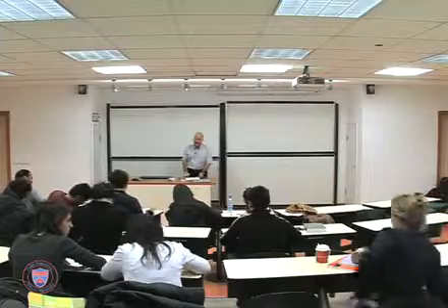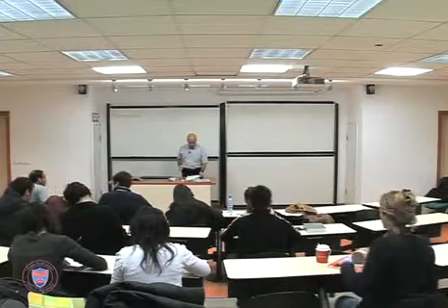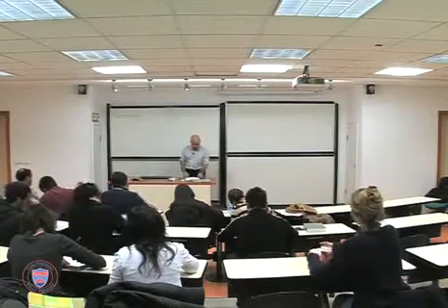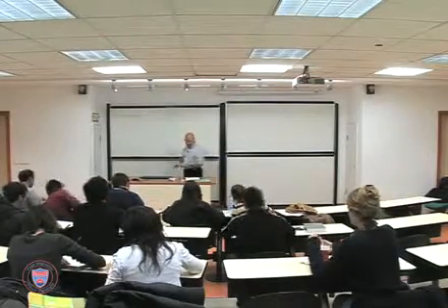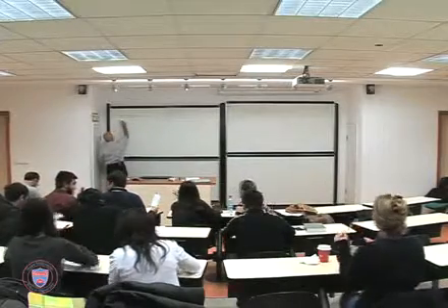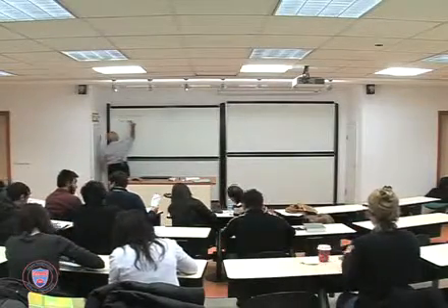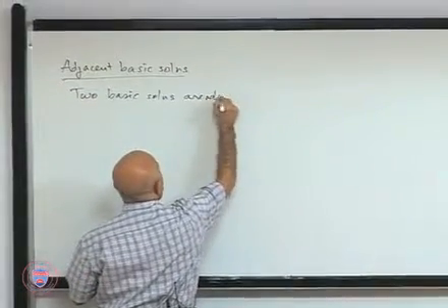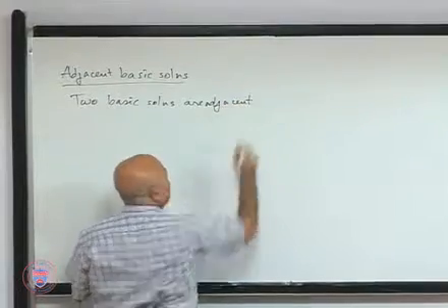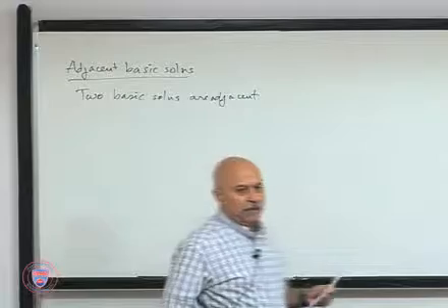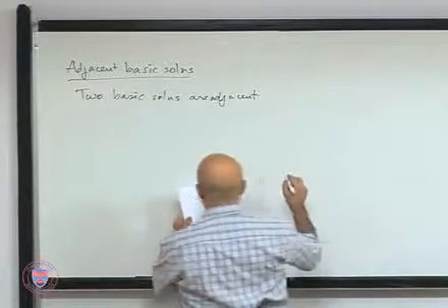There are a number of items that we need to go through, except that I'm going to go through them quite fast. The first one is the concept of adjacency. We know that two basic solutions are adjacent if they share how many? n-1 linearly independent hyperplanes.